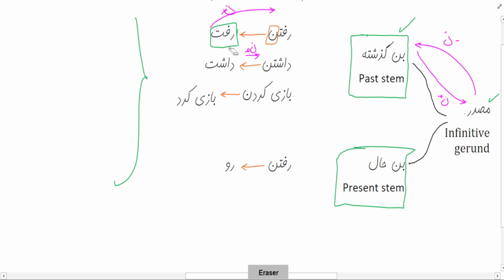Or you can alternatively, let me put it in another color, maybe blue. Yeah, alternatively, guys, you can memorize this and this, because you would say, okay, these two are not very correlated in shape and form, and therefore I'm memorizing them separately.